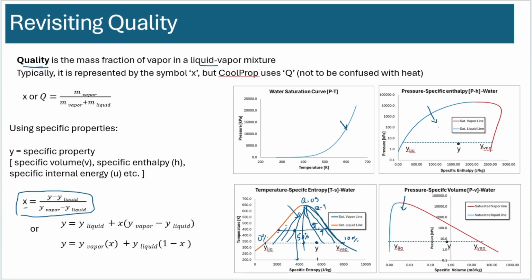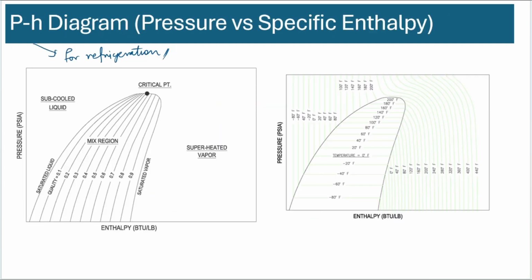Then you know the relative location where you are, and you can calculate as a percentage how much gas is there versus liquid. If you had paid attention to when I showed the graph here, you can see this is exactly what these lines are showing you. This is the saturated vapor line, quality of 1, and right next to it, quality of 0.9, and if you take any line left to right, the quality 0.5 line is exactly in the middle.